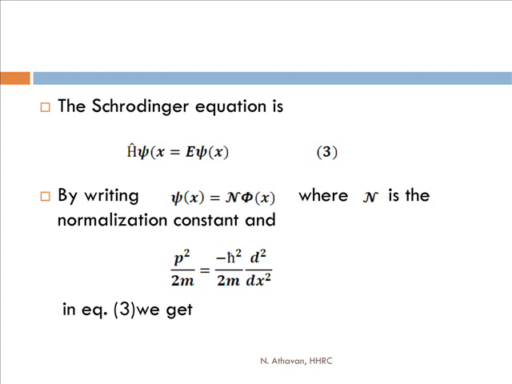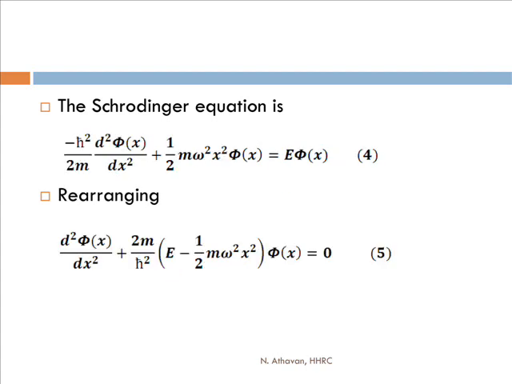By writing psi of x is equal to N into phi of x, where N is the normalization constant, and after the substitution of the corresponding operators for momentum and position, we get the Schrodinger equation as minus h cross square by 2m d square phi by dx square plus half m omega square x square into phi is equal to E phi.